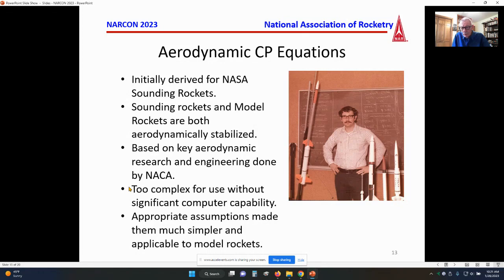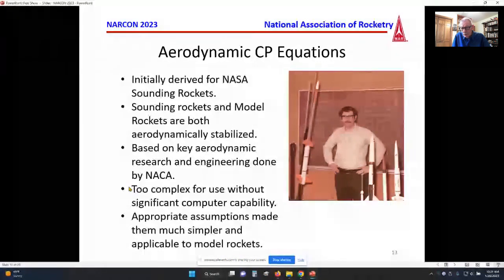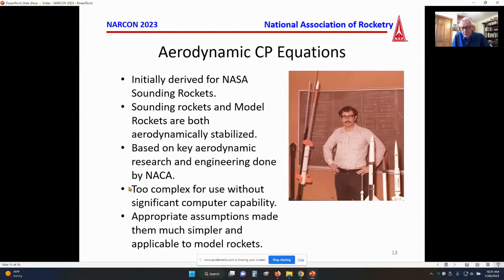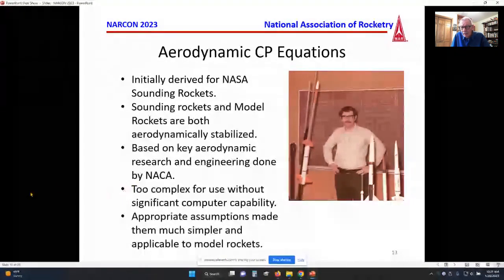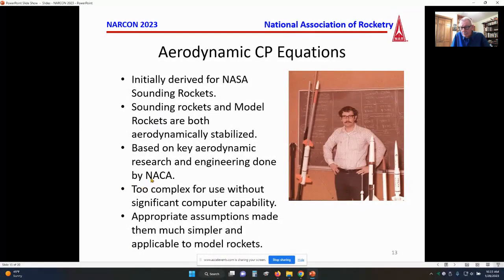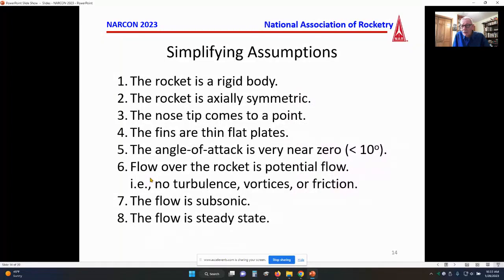But with the appropriate assumptions, we could make the model rocketry equations simpler and more usable by the model rocketeer. The simplifying assumptions were used, and again, the key here is that all these assumptions really apply to the sounding rockets.